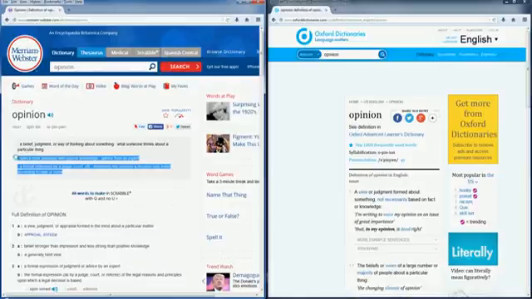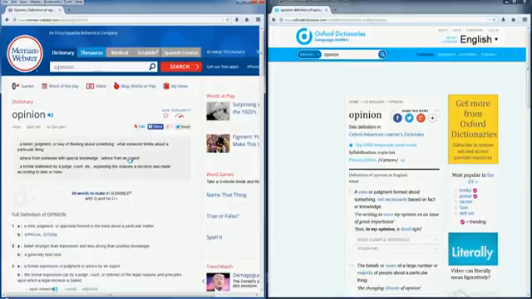Well, these don't apply, but I'm going to point out that a belief, judgment, or way of thinking about something, what someone thinks about a particular thing. So what somebody thinks about something isn't a fact. A fact cannot be disputed.